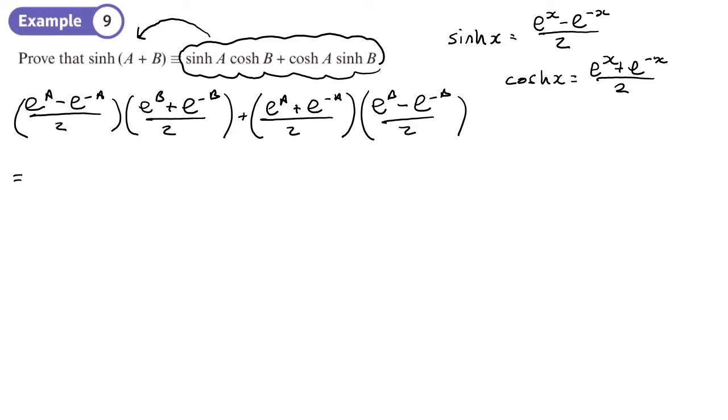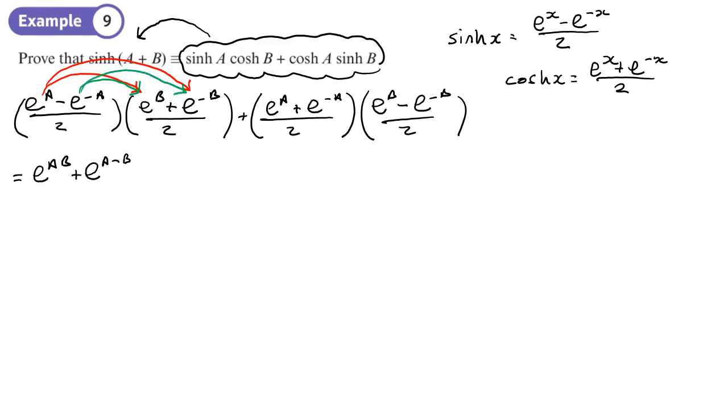Right, okay, so we're going to multiply out the brackets. So I'll have e^(a+b), then I'll have plus e^(a−b). So basically I'm doing these two, then these two, then these two, and then these two.